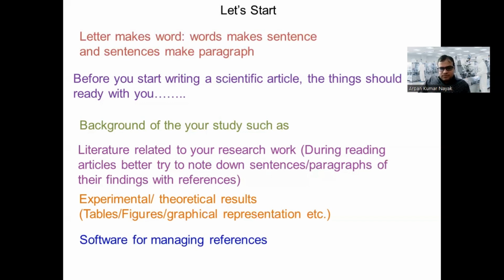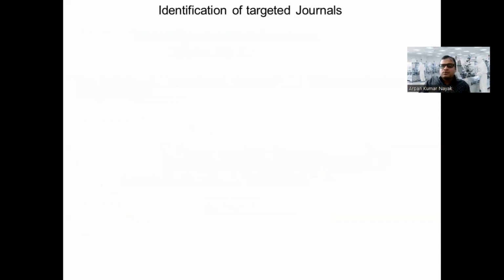By taking this into account, what will be our next step? Our next step will be identification of the targeted journal. Before we write a scientific research article, identification of the target journal is also important.